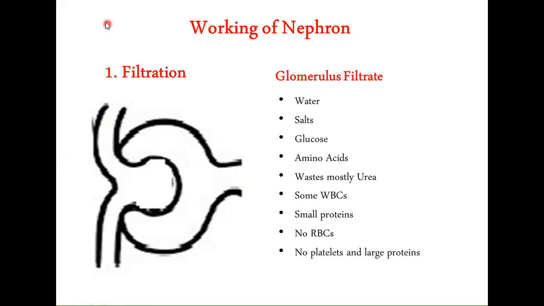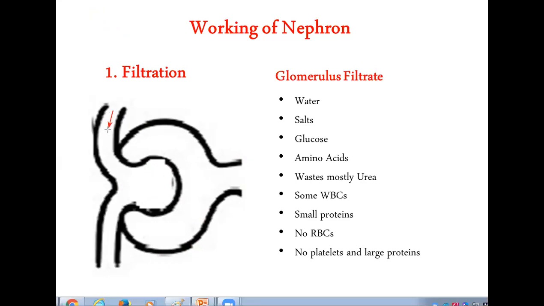As we know, blood enters the glomerulus through the renal afferent arteriole. This is the afferent arteriole. Blood enters the glomerulus through the afferent arteriole, and then it circulates through the glomerulus.